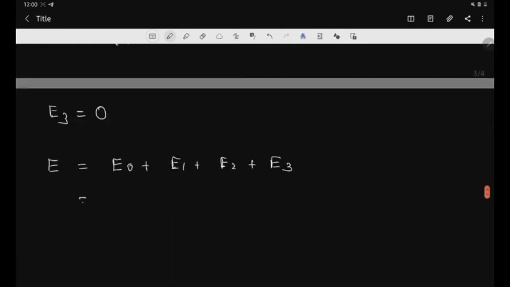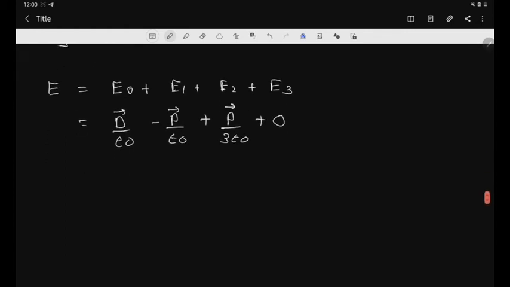So for E0 we have displacement vector divided by epsilon naught. E1 is minus polarization vector divided by epsilon naught. E2 is polarization vector divided by 3 epsilon naught, and E3 is nothing but 0. So now we can combine this.